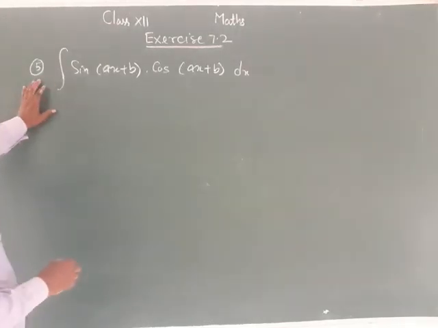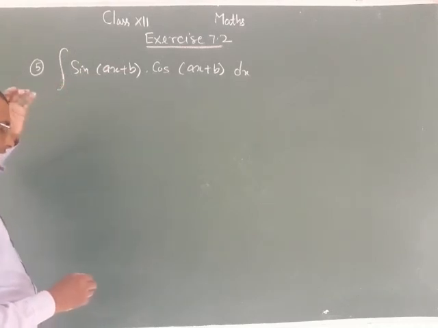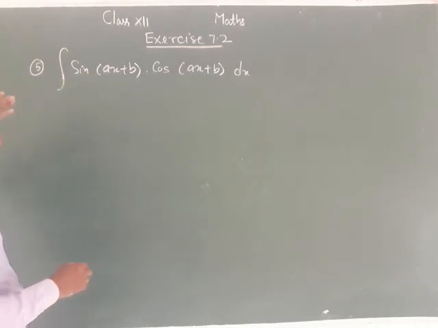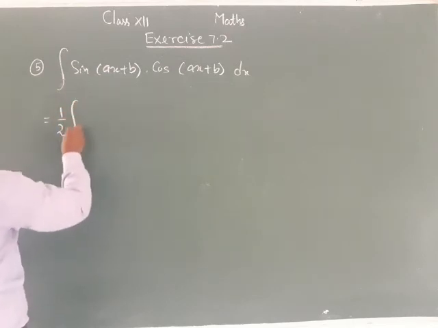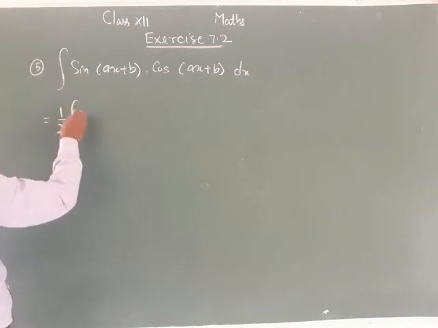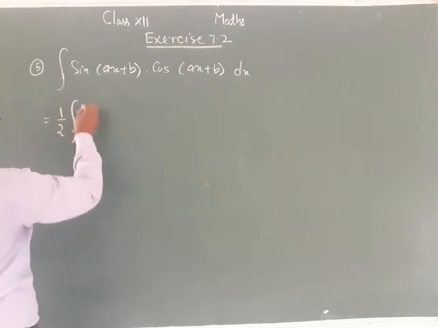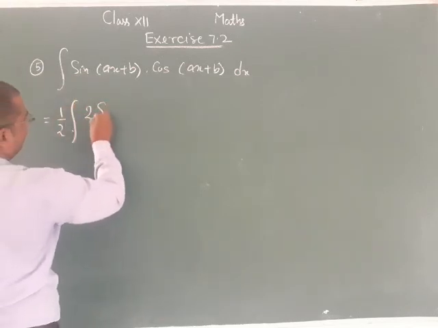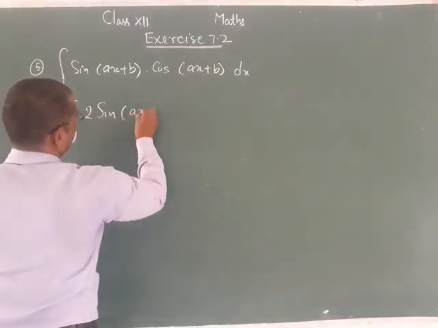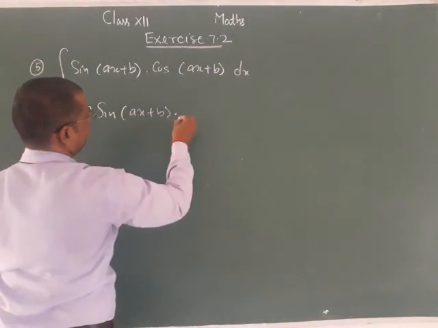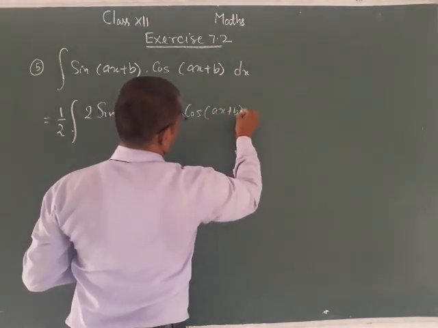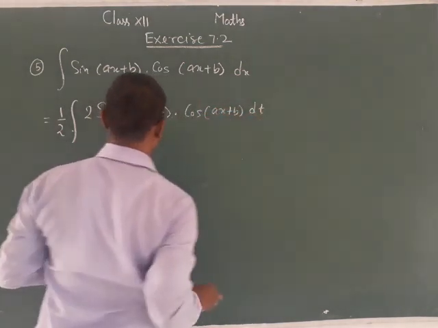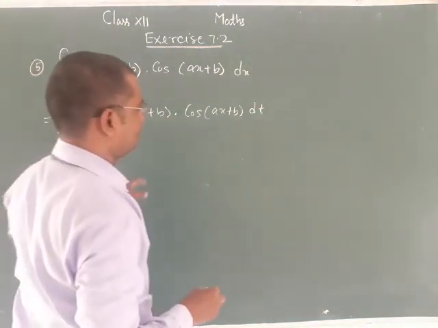Question number 5. We can also solve it in another form. Multiply by 1 upon 2 and divide by 1 upon 2, giving 2 sin(ax plus b) into cos(ax plus b) dx.